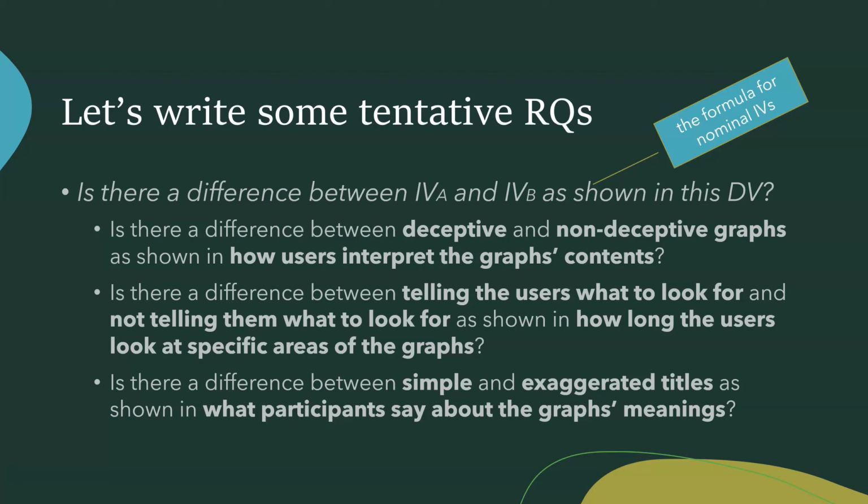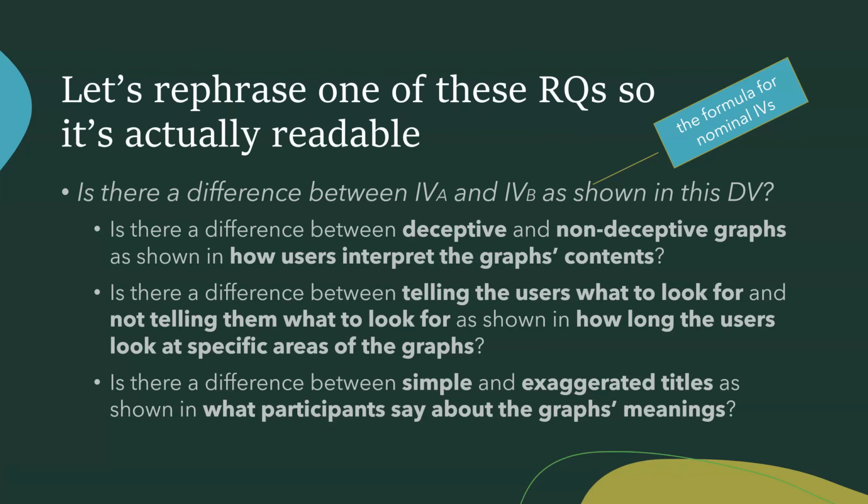Simple title and exaggerated title, two different examples of conditions of an independent variable, as shown in what participants say about the graph's meanings. Oh, there's some dependent variable that I can gather. So these are some tentative research questions. Now notice I'm just plugging in my words that I'm using for independent variable and dependent variables.